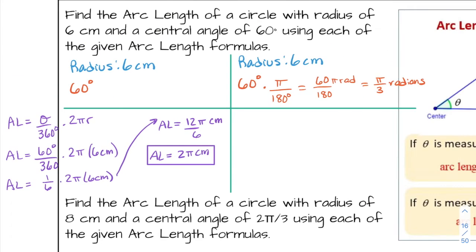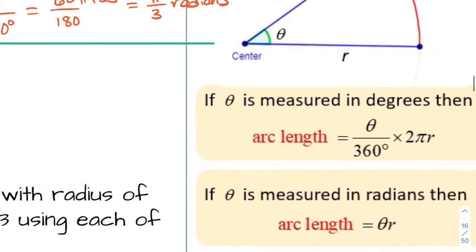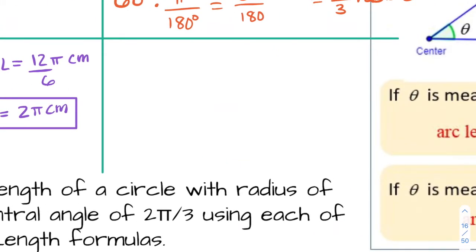Awesome. That was using our standard arc length formula, theta over 360 times circumference, where theta is 60. Now this arc length formula is different. Arc length here is just theta times r.